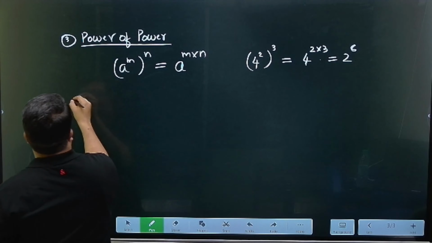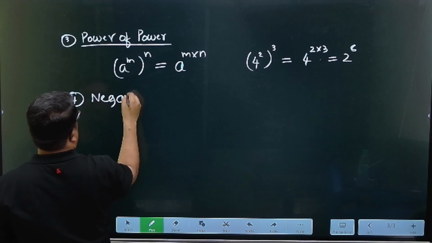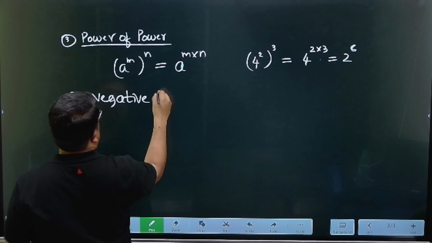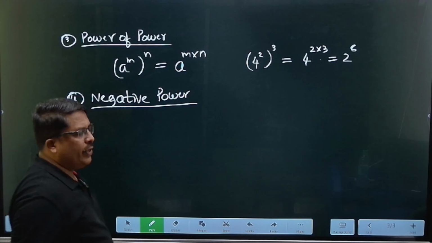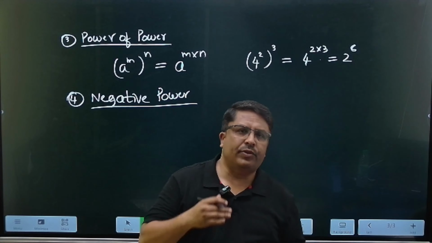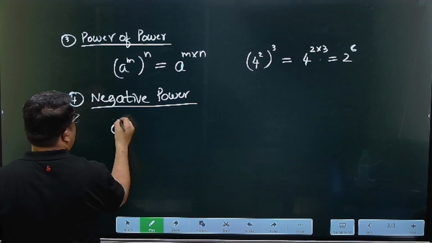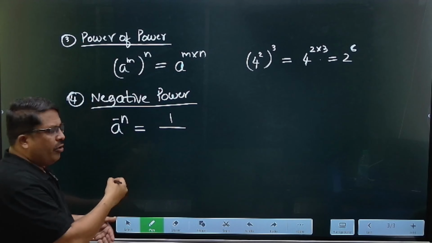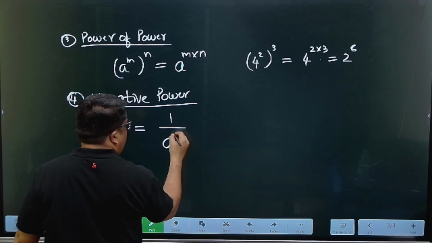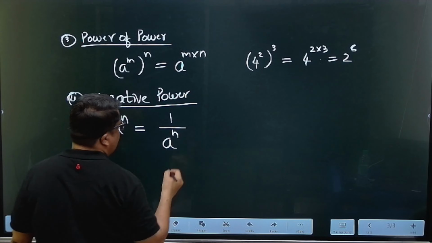Then next is a negative power. So how to write negative power? Just now we had seen a last example where the power is negative, 3 to the power of minus 1. How to write that? Simple one: a to the power of minus n is the reciprocal of the term whose index is positive.